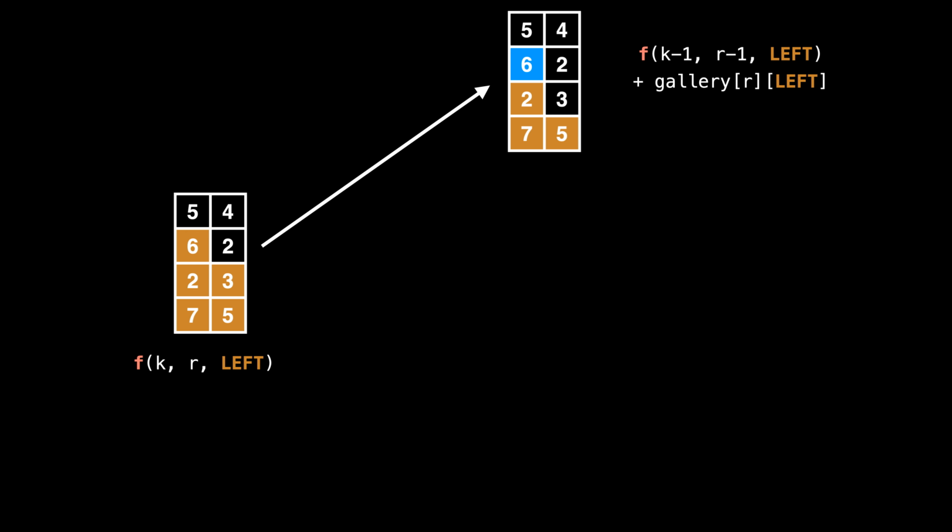In this situation, we add the value of room 6 to the solution and recursively call the function f to determine the best value for the region which does not include room 6 below it, which is the smaller region in brown in the image. Notice that when we choose to close room 6, in the recurrence we no longer have k rooms to close. Instead, we have k minus 1 rooms left to close because we just closed the room.